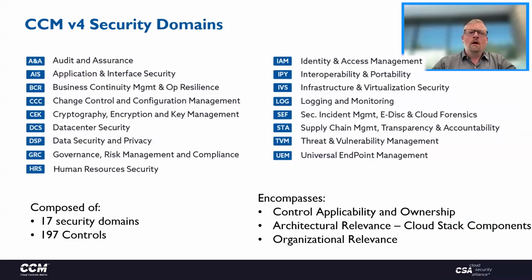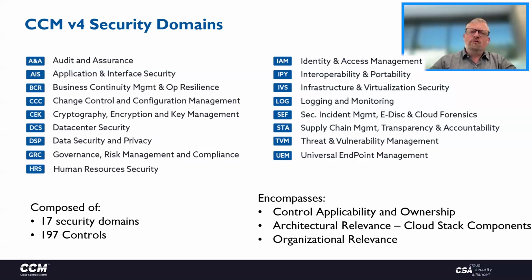CCM itself is now running version 4, and this includes 17 separate security domains, and across those 17 domains, there are 197 controls. And these controls cover control applicability and ownership, so the process aspect. It covers architectural relevance, so cloud stack components, so the technology aspect, and also in terms of organizational relevance, so the people aspect.